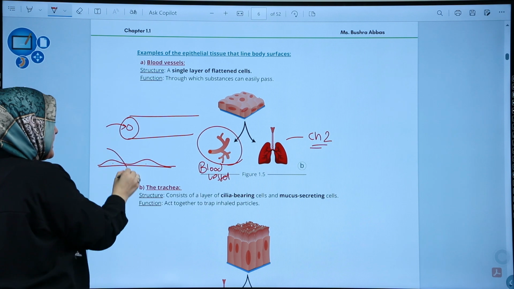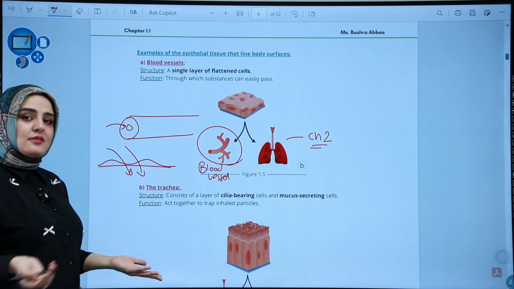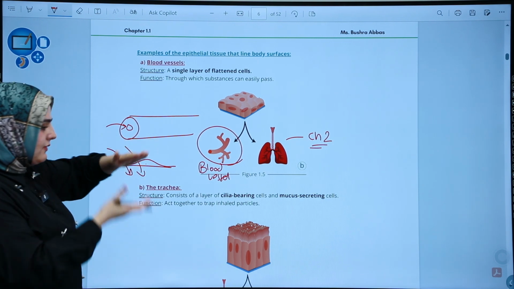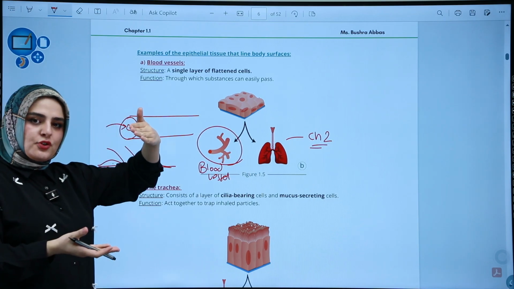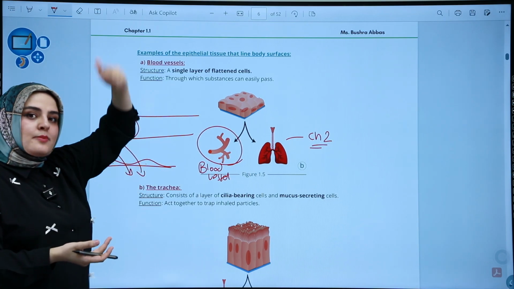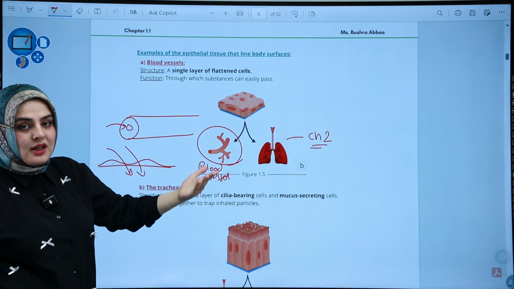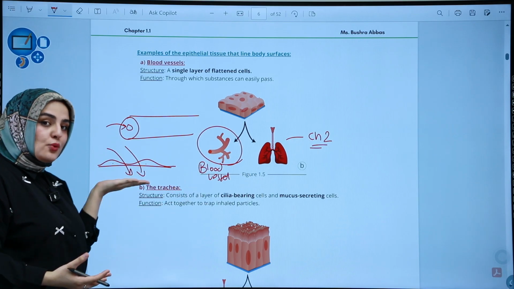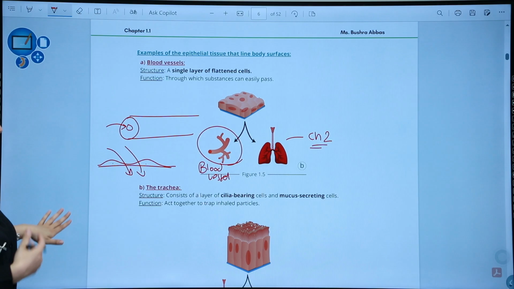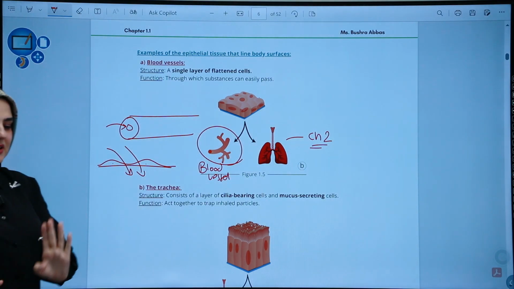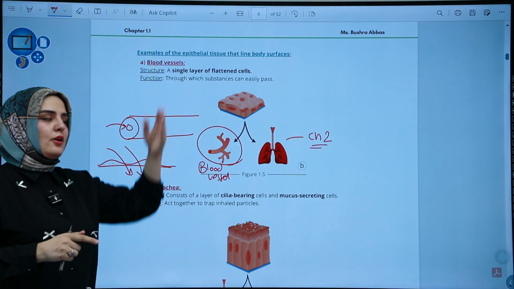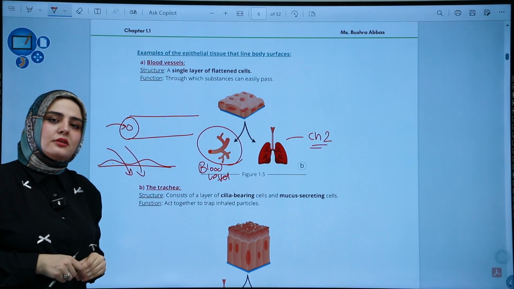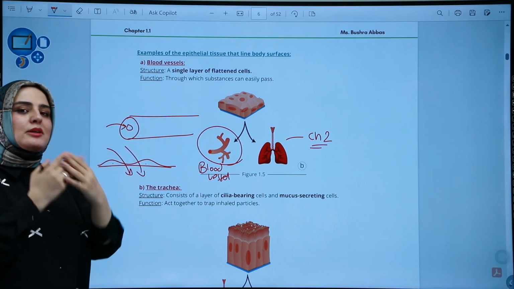Because when things are passing to the other side, it's so easy. If you have a thick one, it's not easy for diffusion to happen. If it was multiple layers, again, not helpful for this task. So this is helping the task. Very nice.